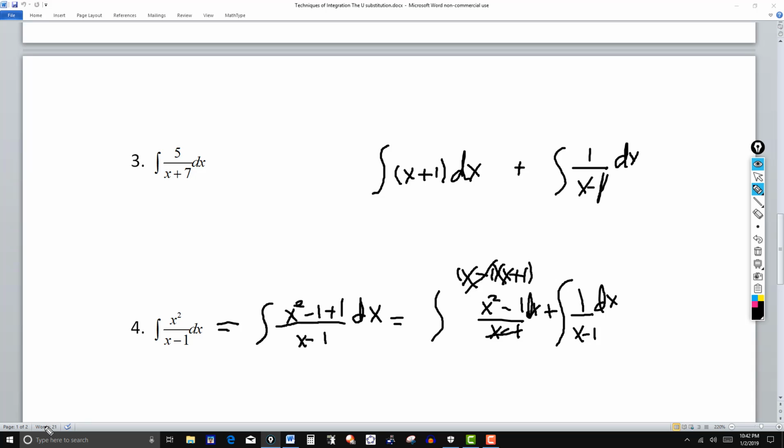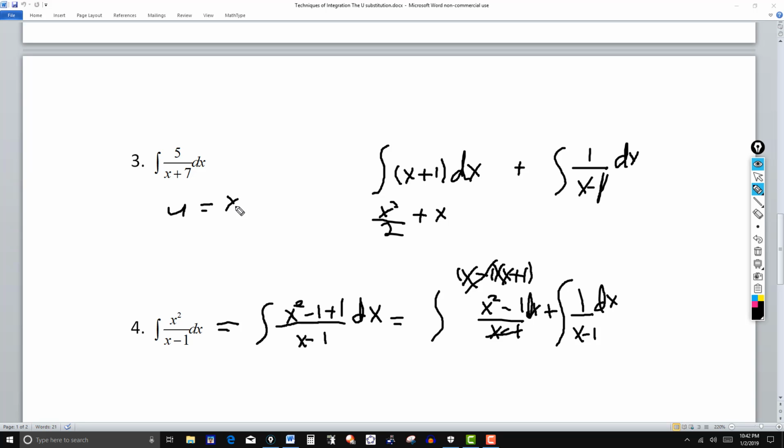Okay, so now I simply take that. On the first integral, this is just a basic polynomial, x plus 1, so I can integrate that easily. This is x squared over 2, and the antiderivative or integral of 1 is x. And this one right here is just like number 3. I let u equal x plus 7 on number 3. Just let u equal x minus 1, and it comes out the same way. You can look at those steps as the same.